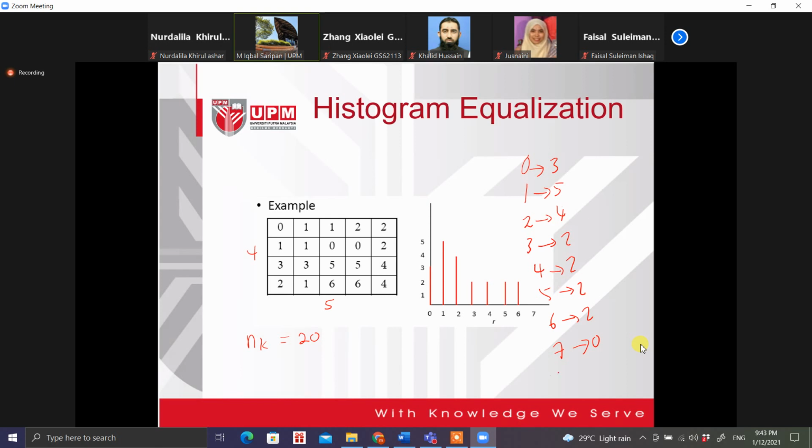If you add the total number of pixels, you get 20 pixels, which is equivalent to 20 pixels. So I'm right.